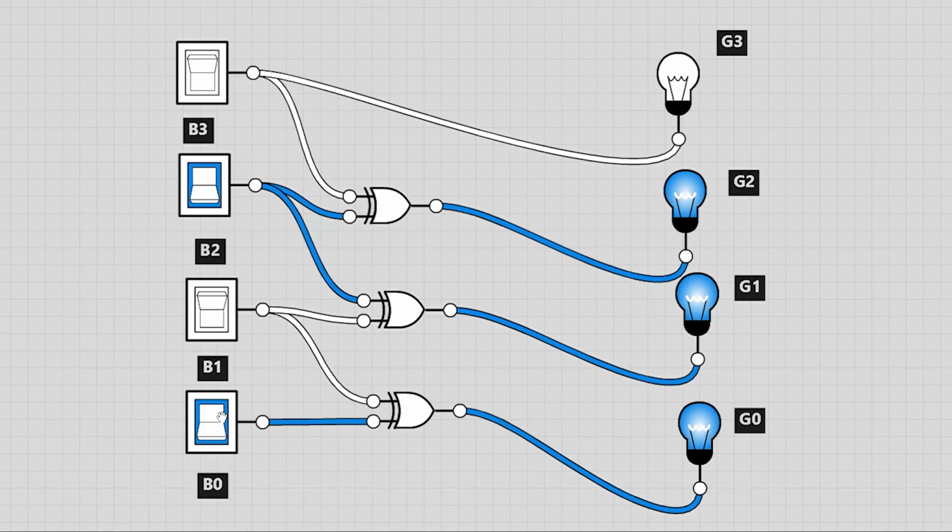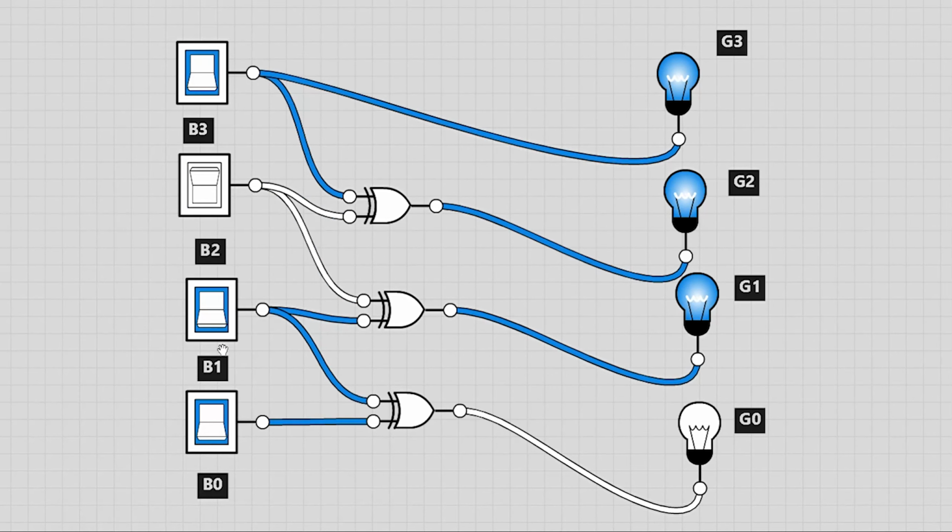B2 is activated, G2 and G1 are high, others are low. B2 and B0 are activated, G2, G1, G0 are high, G3 is low. B2, B1, B0 are activated, G2 is high, others are low.